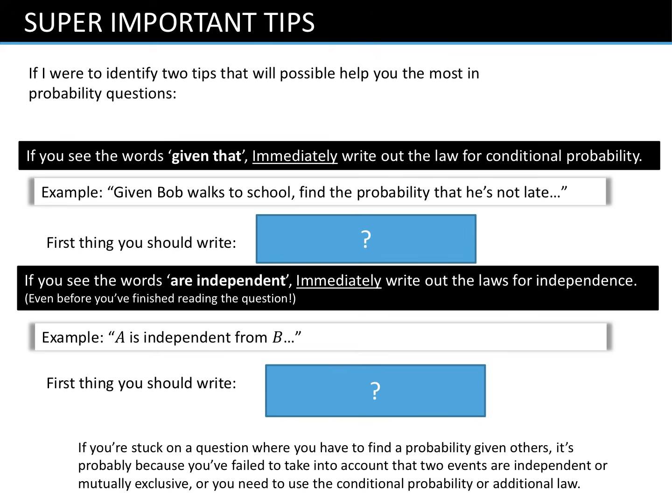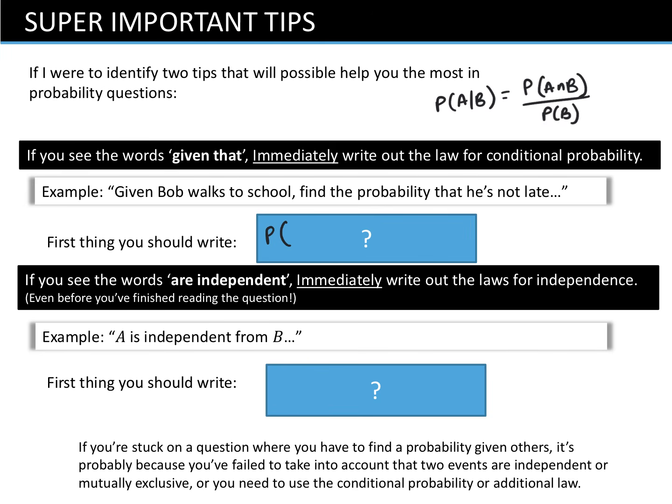Okay, some super important tips. Now, Dr. Foster says if he was to identify 2 tips that will possibly help you in most probability questions: if you see the words given that, write out the law immediately. For example, the probability of A given B equals the probability of A intersection B over the probability of B. Then, given that Bob walks to school, find the probability that he's not late.